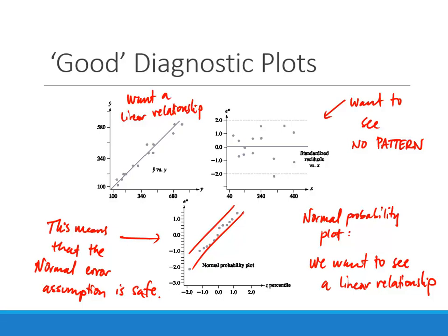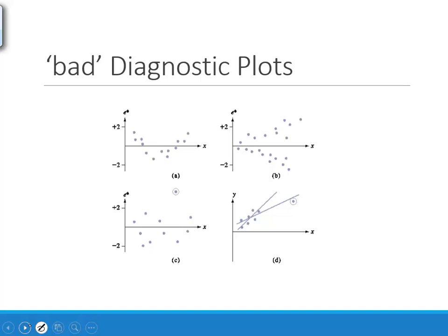Okay, well, let's also look at some bad residual plots. So let's see, what do we have here? I think these are all residual plots, the residuals against the explanatory variable, except for that lower right one.